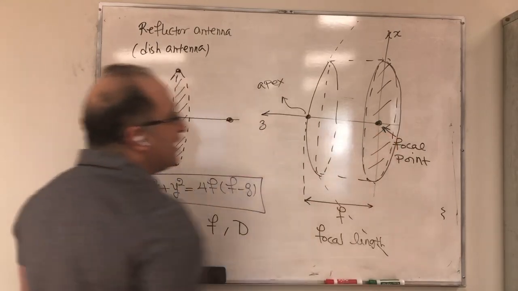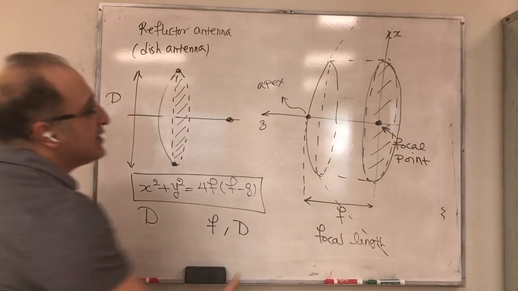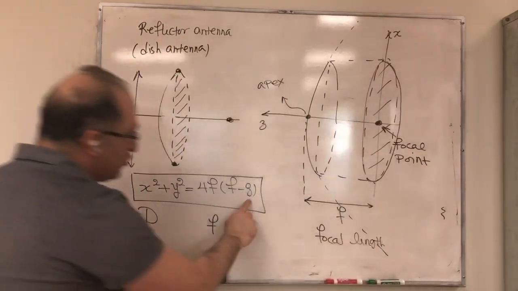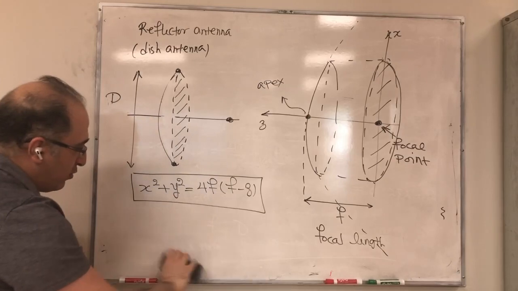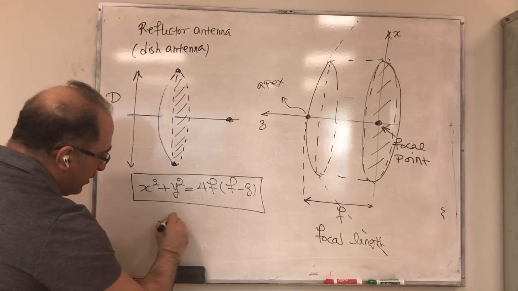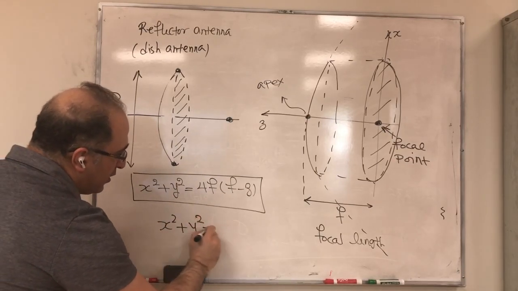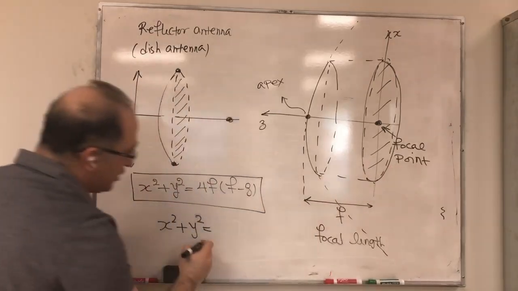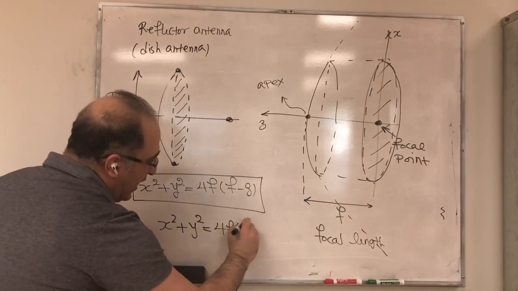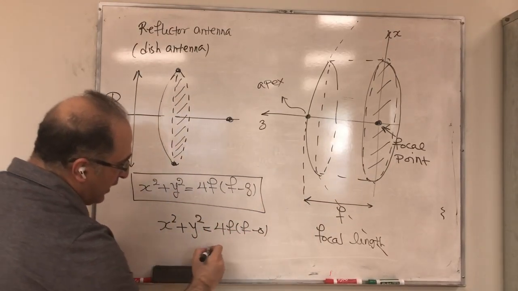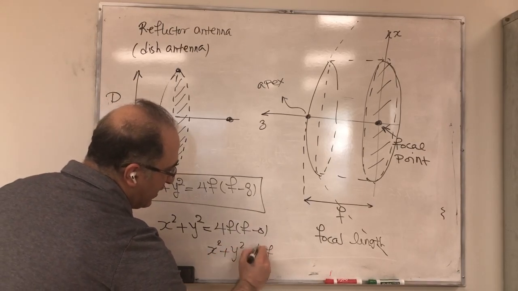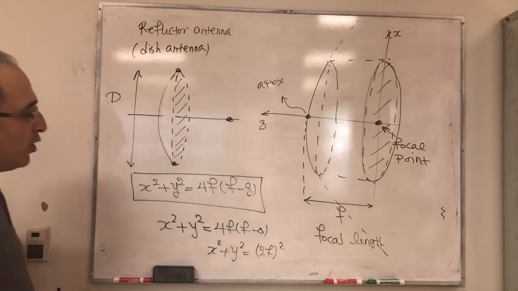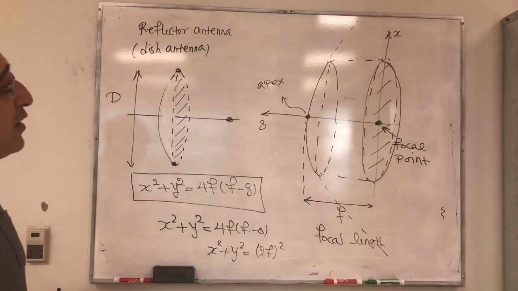To understand this cross section, I need to plug in z equals 0. And if you plug in z equals 0 for this particular cross section, you get 4f times f minus 0, and then you get x squared plus y squared equals 2f squared.